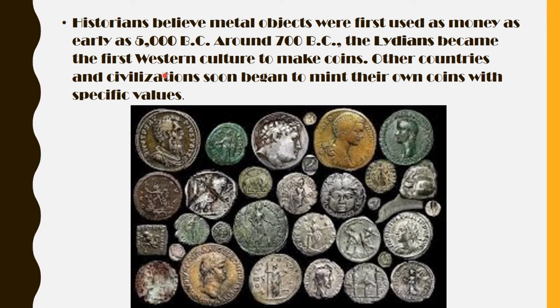Other countries and civilizations soon began to mint their own coins with their specific values. So in the 7th century BCE, the Lydians, the people from Lydia, which is the country near Greece, invented money, right?